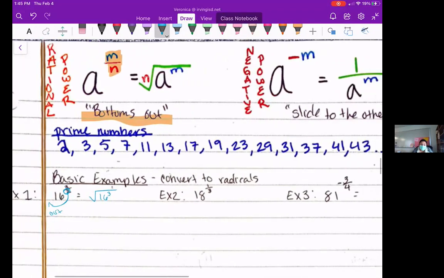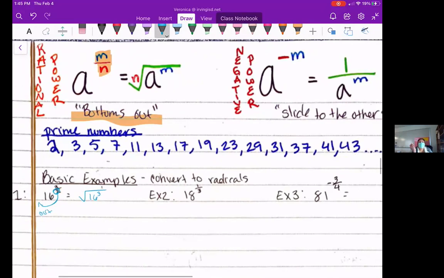Now, the other law we're going to be using that you should have done in Algebra 1 is the negative power law, right? So a to the power of negative m, which basically means, if you look at the law, all we're doing is that if I see a negative exponent, it magically goes away. The reason that happened is because we slide to the other side.